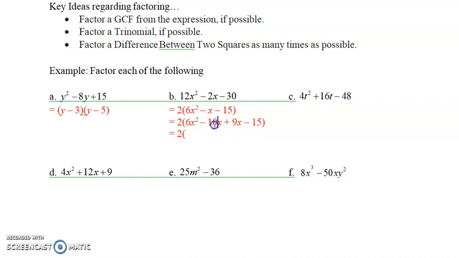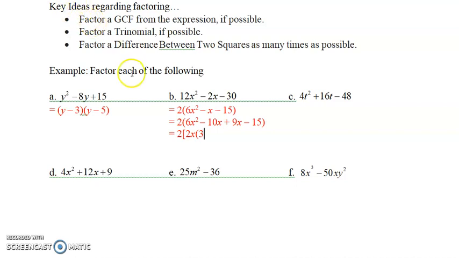So if I look at the first two terms, they both have 6 and 10. The GCF is 2. They both have an x, so it's going to be 2x. I bring in a bracket. It's up to you.